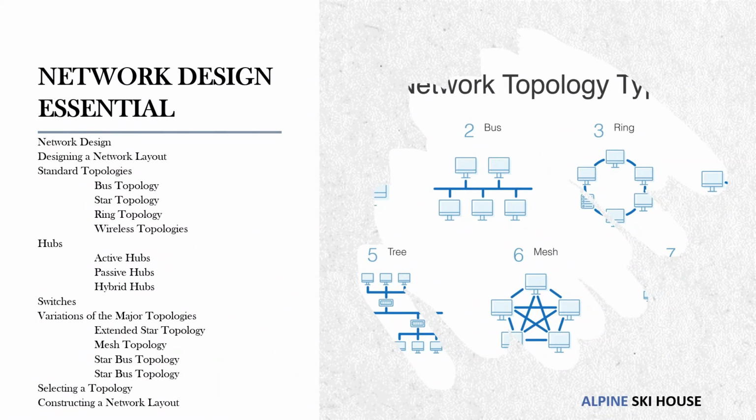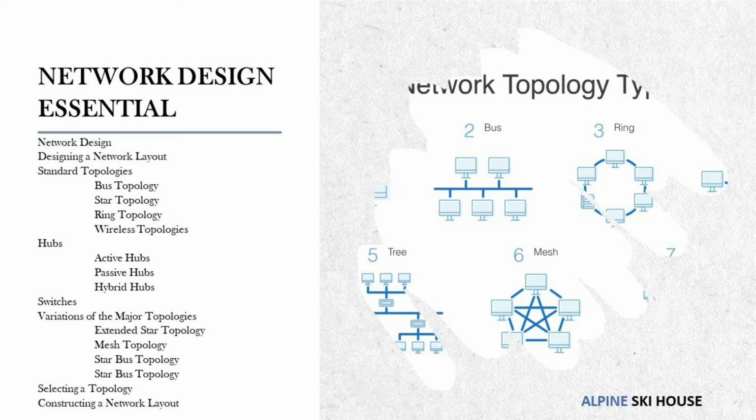The discussion under network design essentials are the following: network design, designing a network layout, standard topologies. These are bus topology, star topology, ring topology, and wireless topologies. There are also hubs such as active hubs, passive hubs, and hybrid hubs.